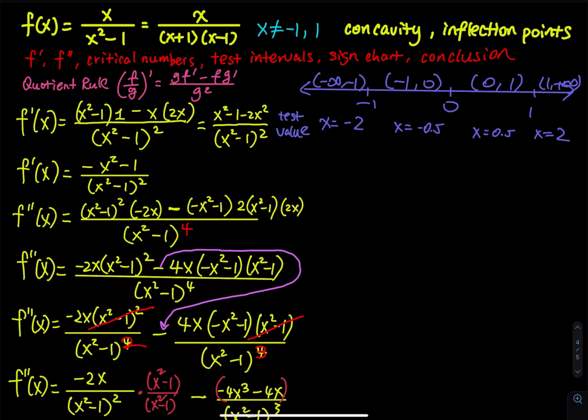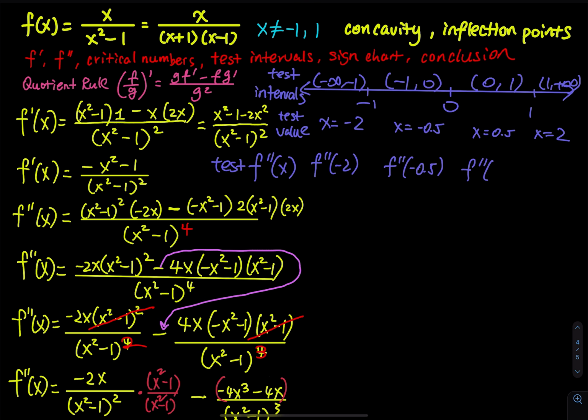These are the test intervals. And then you test f double prime of x. So this is f double prime of negative 2, f double prime of negative 0.5, f double prime of 0.5, and f double prime of 2.